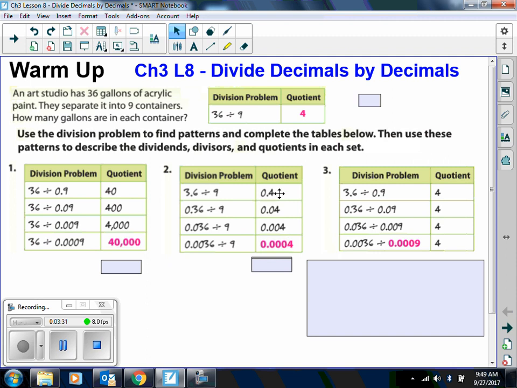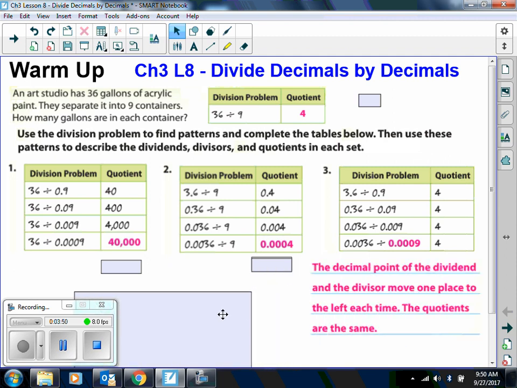The decimal moves to the left once each time. If I move the decimal in both the dividend and the divisor, in the quotient the decimal doesn't move at all. Does everybody see that? So when it says to use those patterns to describe, the decimal point in the dividend and the divisor move one place to the left each time, and then the quotients are the same here down in example 3.